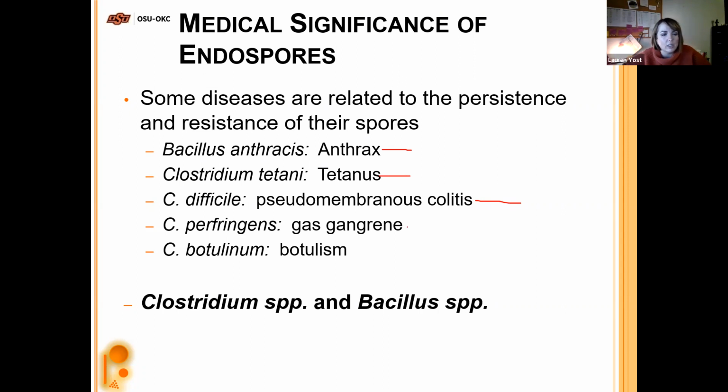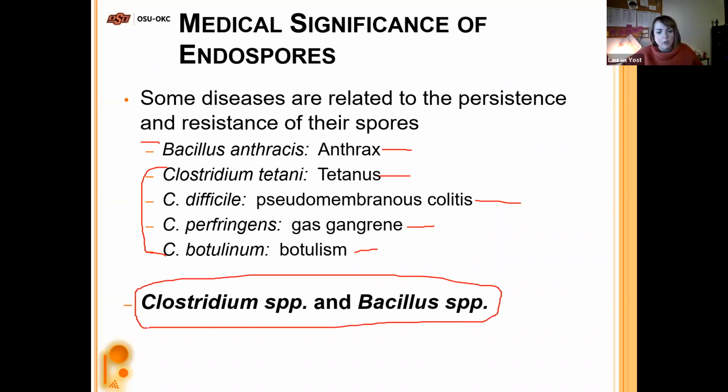C. perfringens causes gas gangrene, where gas builds up inside the tissue and you can lose whole limbs. And Clostridium botulinum causes botulism, or makes Botox. Notice these are all Clostridium, and this one is a Bacillus. Bacillus and Clostridium, that's your endospore.